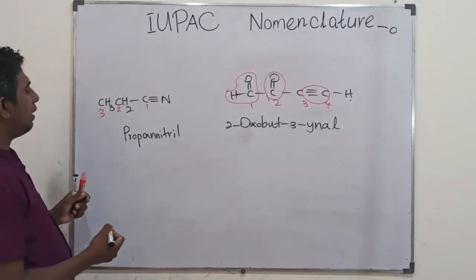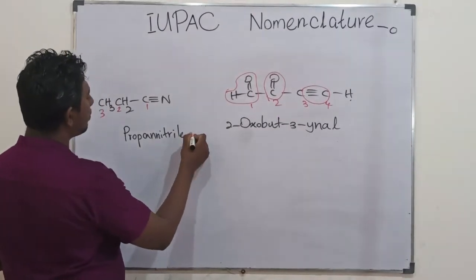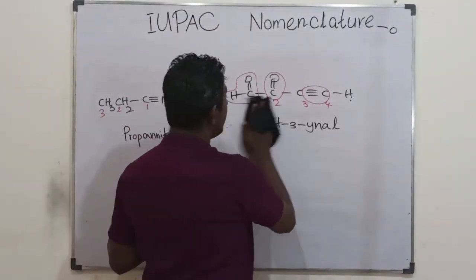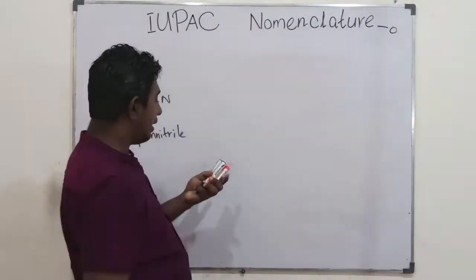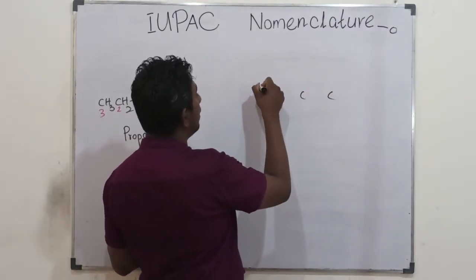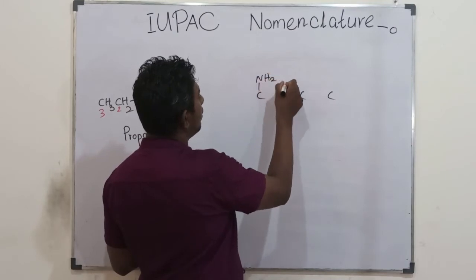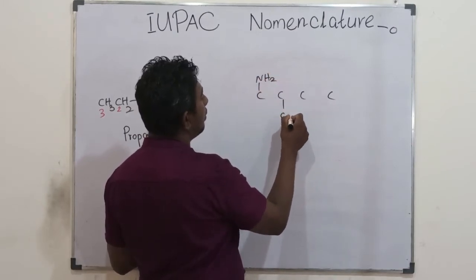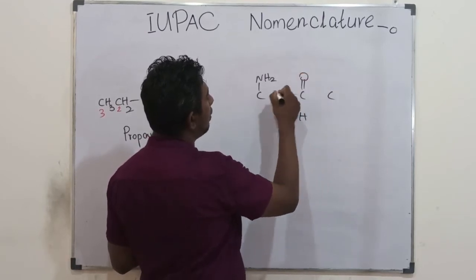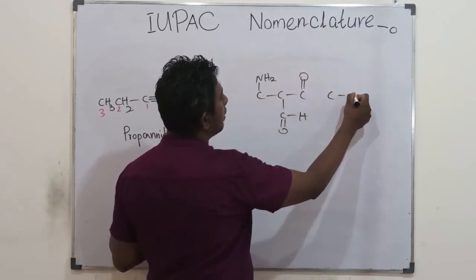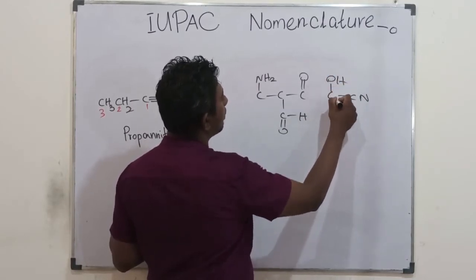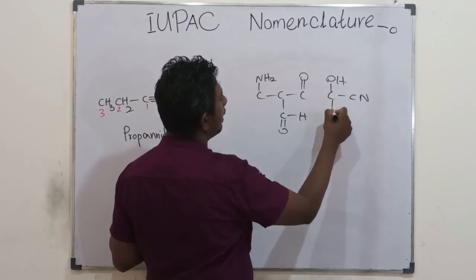So students, when you have a nitrile group with other subfunctional groups, like in this molecule, it is 1, 2, 3, 4. It has NH2, COH, CO, CN, OH, Cl.